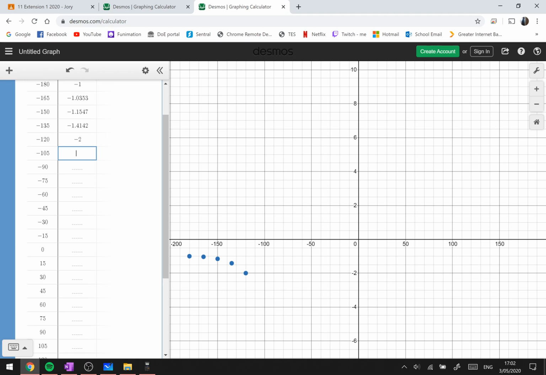Okay, negative 105 is going to give us, so 1 over cos of negative 105 is going to be negative 3.8637.